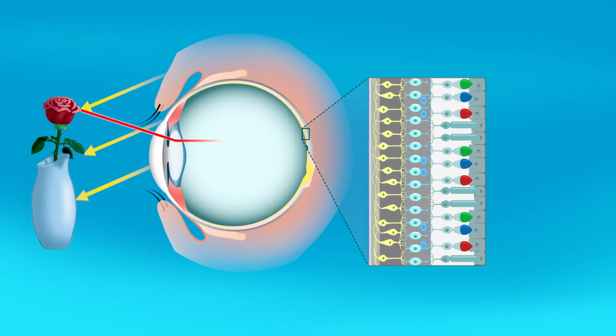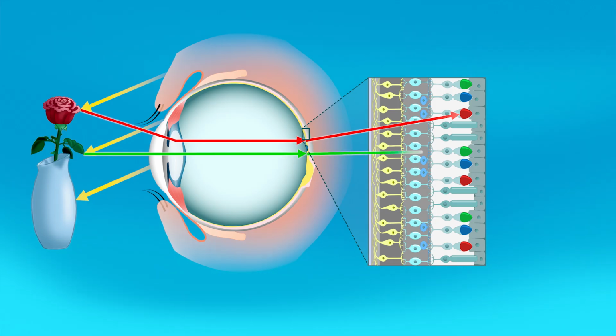When red light reaches the retina, cones sensitive to red light are activated. These cones send impulses to the brain, which interprets the color as red. Likewise, green light activates cones sensitive to green light, and blue light activates cones sensitive to blue light.